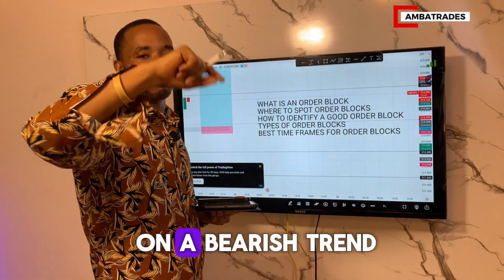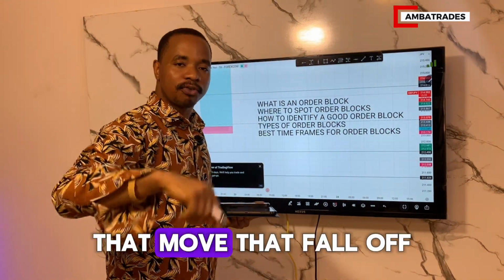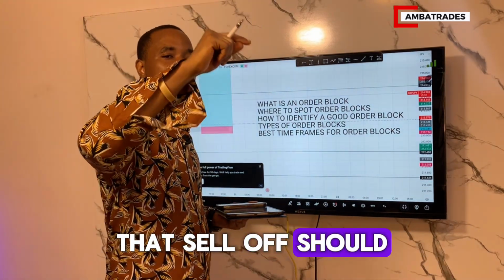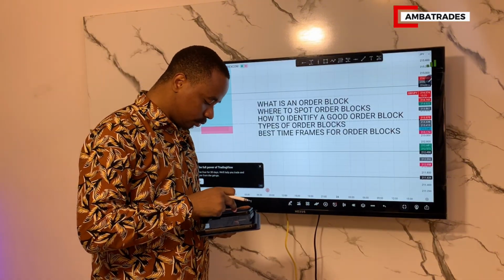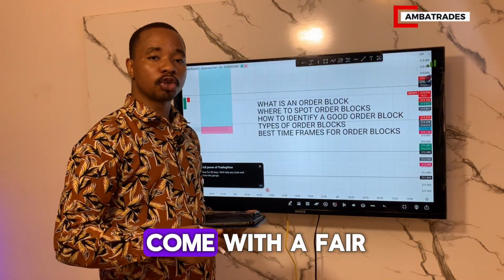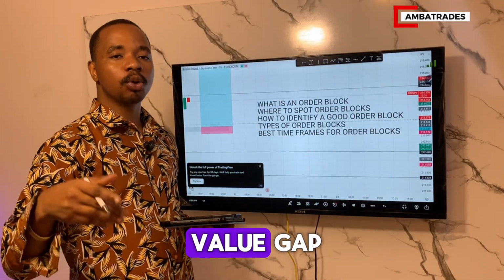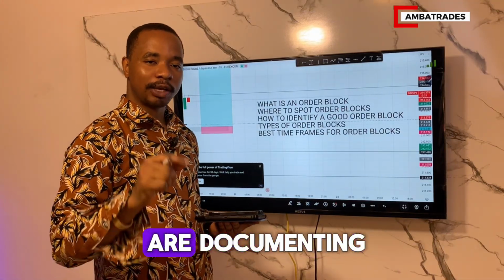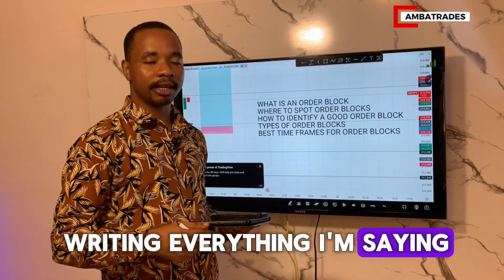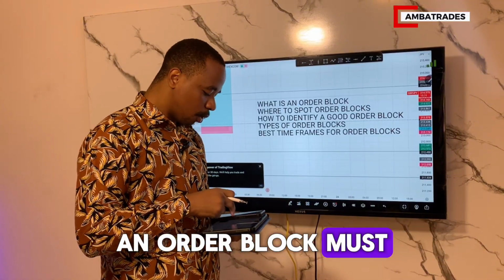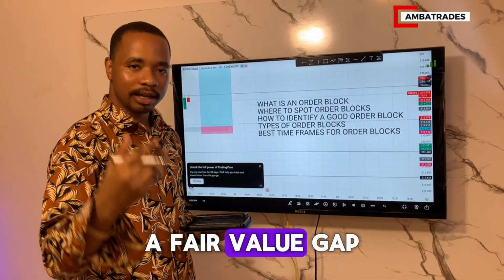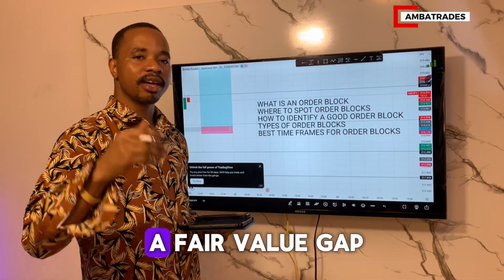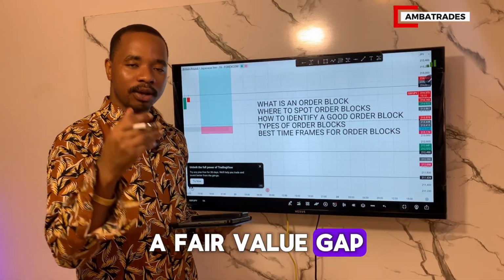Now, if it is on a bearish trend, that move, that sell off should break previous lows. All right. And also, the order block must come with a fair value gap. All right. Make sure you are documenting, make sure you are writing everything I'm saying. An order block must come with what? A fair value gap. It must come with a fair value gap.